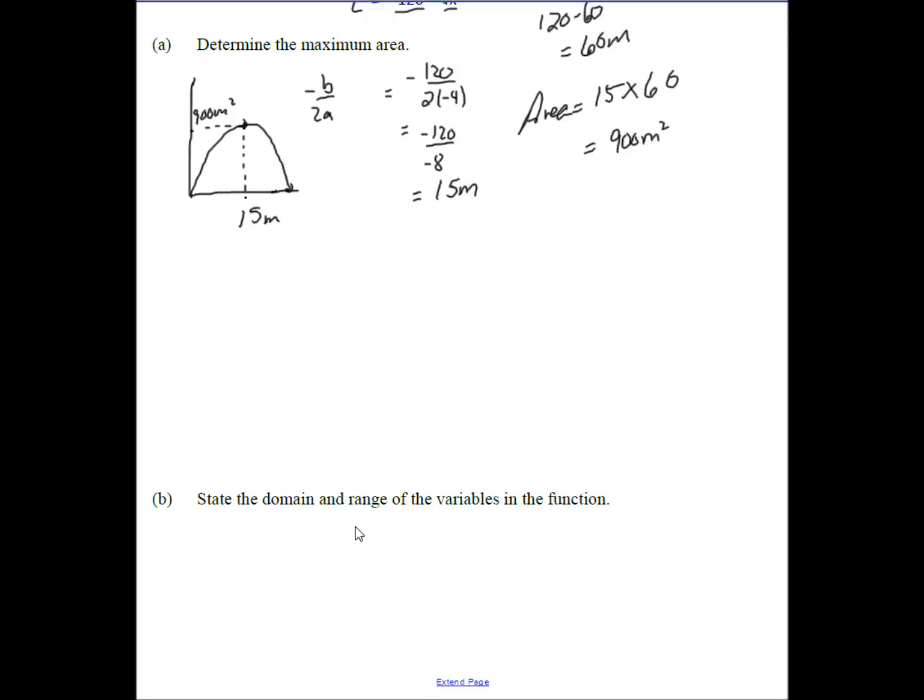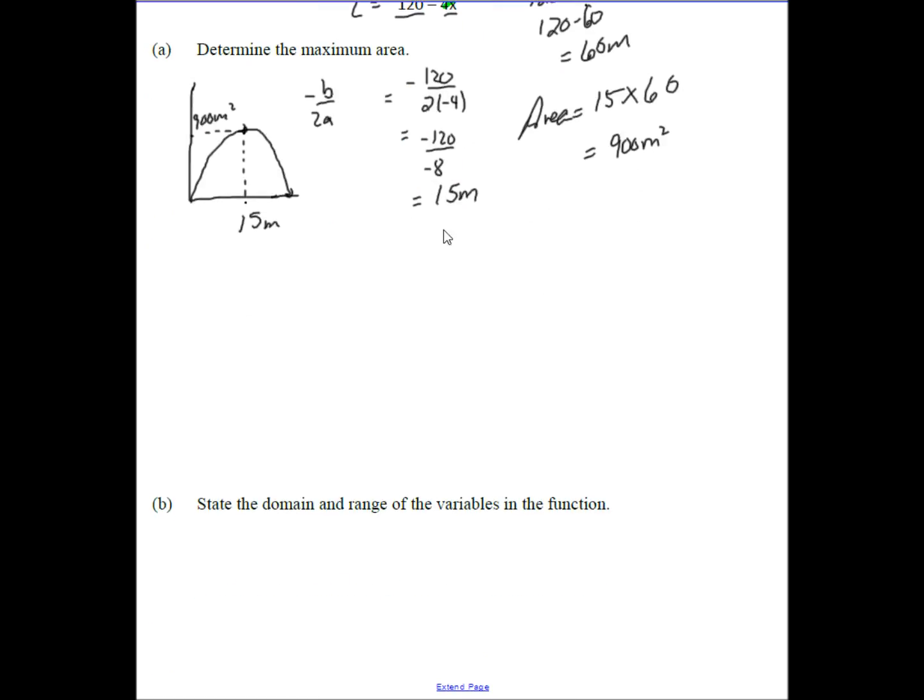Now the domain and range of the variables in the function. The range is the easiest to figure out. The y values are less than or equal to 900, and y belongs to the real numbers.